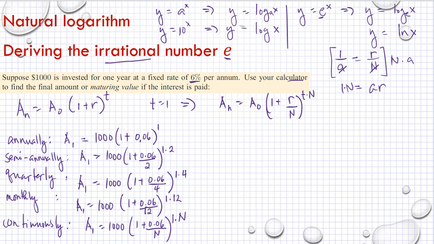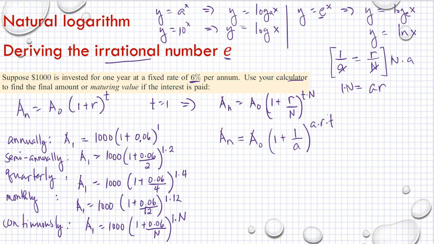That's important also. If we put it in our formula here, A sub 0, 1 plus this will become 1 divided by a, but our n now is ar multiplied by t. That's it.